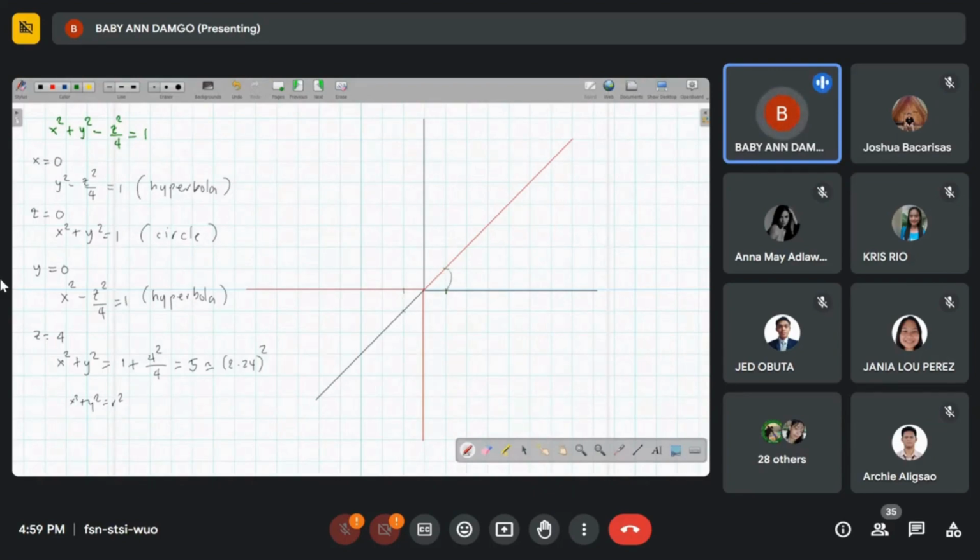Okay, and then we can create a circle. Okay, so for z is equal to 4, so this is still a circle. So we have, this is 1, 2, 3, 4. So we can create an imaginary line.